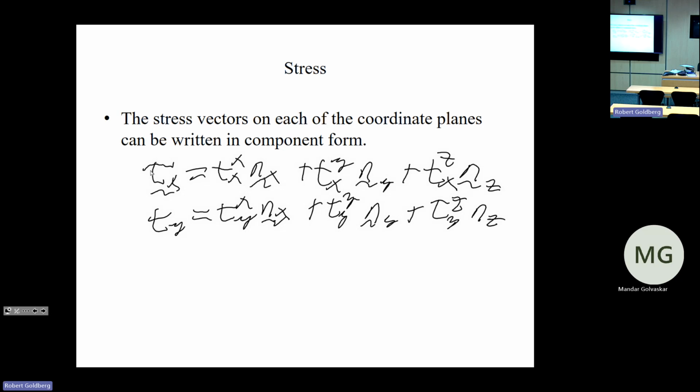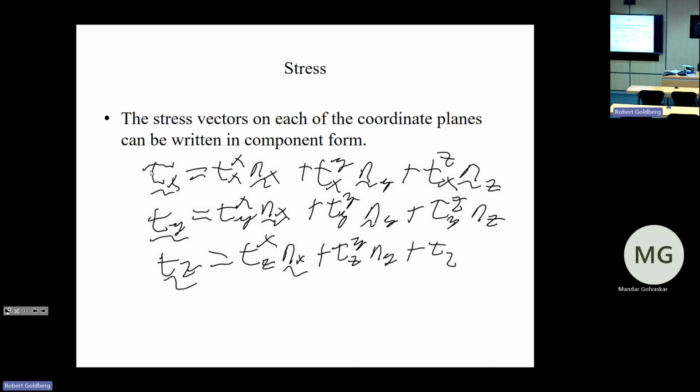And then finally, for completeness, we have our stress vector on the plane perpendicular to the z-axis, and similarly, it has its component in the x direction, plus its component in the y direction, plus its component in the z direction.